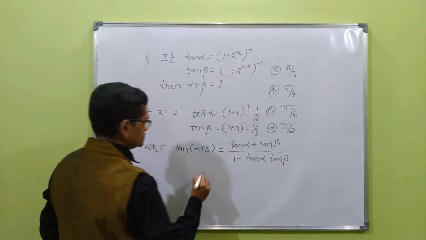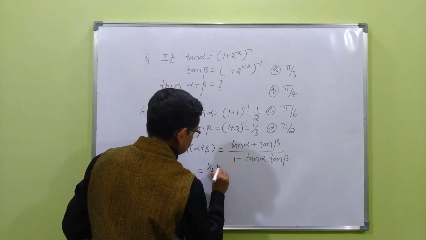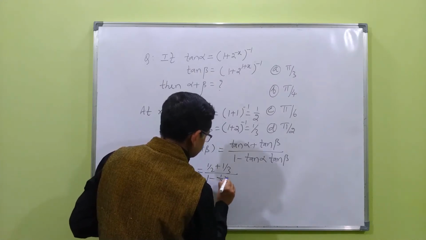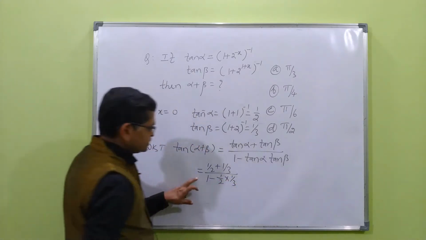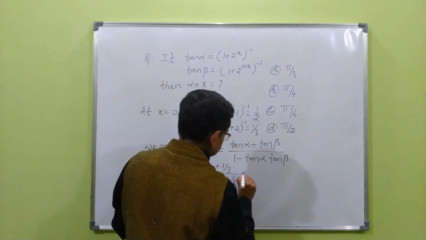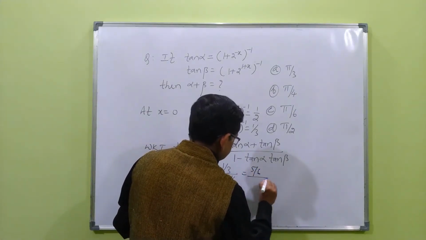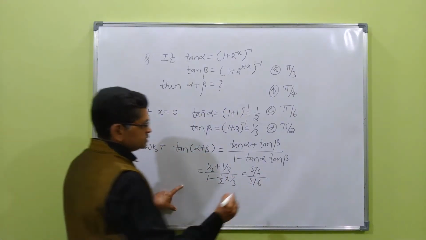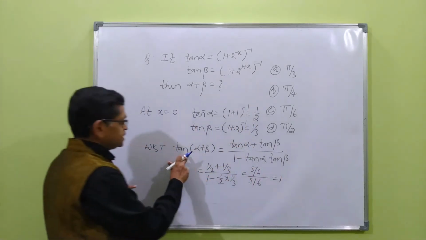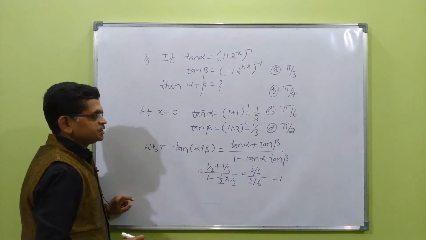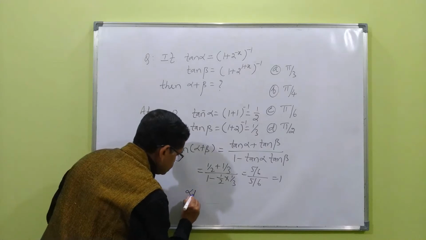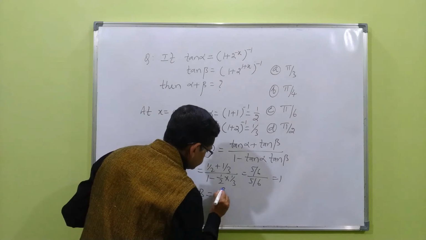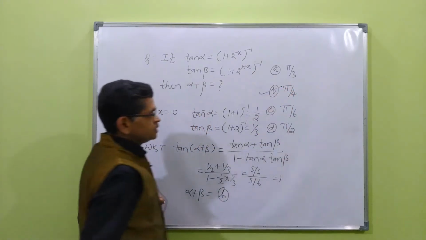Now substitute the values, that is 1 by 2 plus 1 by 3 divided by 1 minus 1 by 2 into 1 by 3. See here, this is 5 by 6. The denominator is also 5 by 6, 1 minus 1 by 6. That is nothing but 1. If tan(α plus β) is 1, it means α plus β should be equal to 5π by 4. So B is the correct answer.